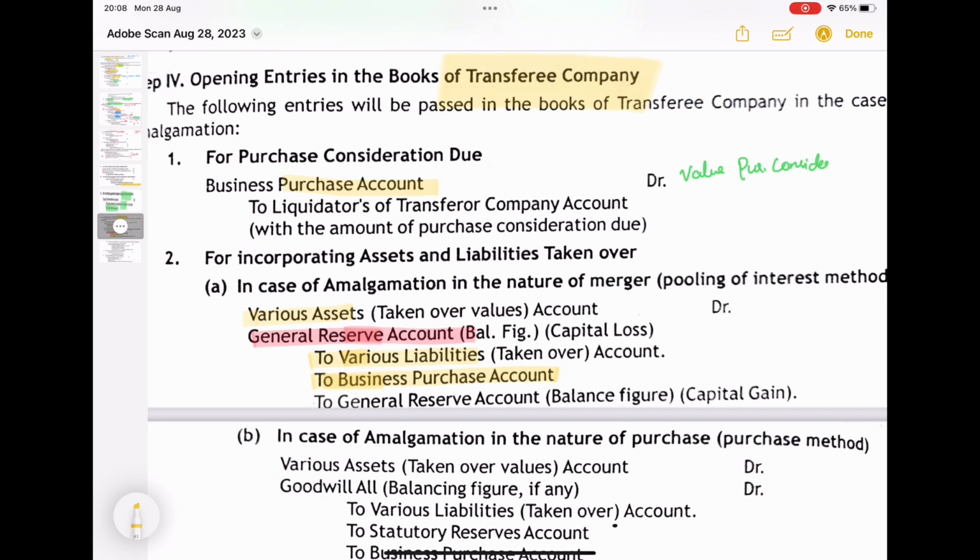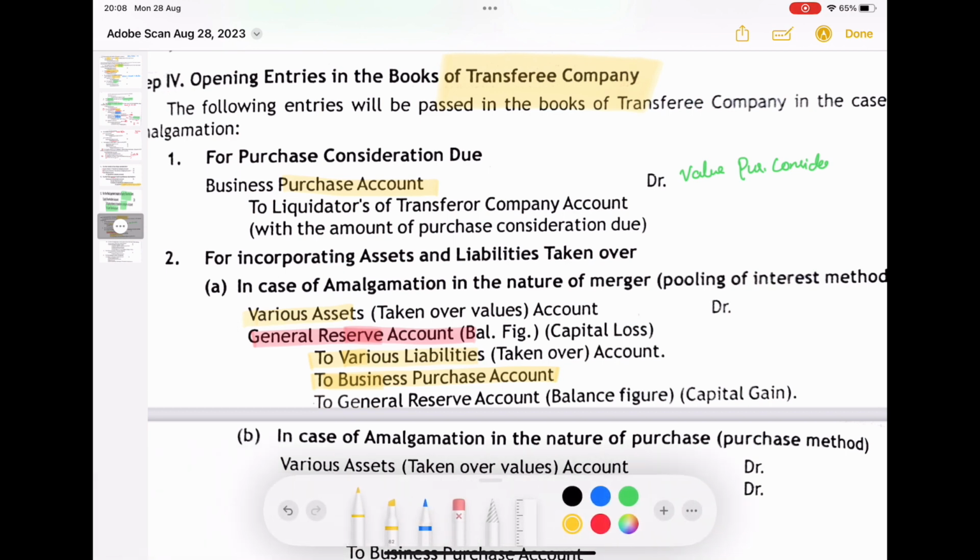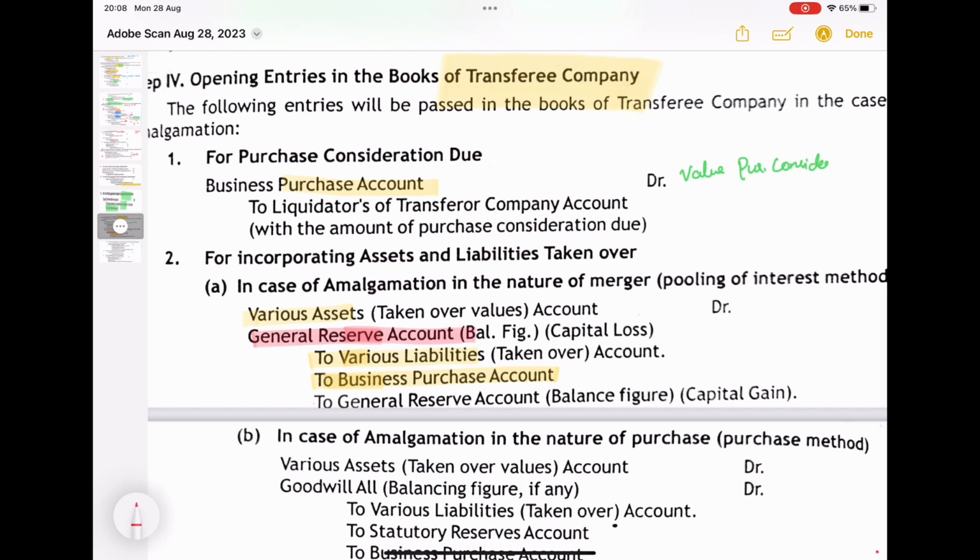So we are going to compare the assets and liabilities. Firstly, I'm going to add the debit side, all assets value. Also I'm going to add the credit side with liabilities and purchase consideration. So I'm going to compare my debit and credit side. Whichever is highest, that value has to be written.